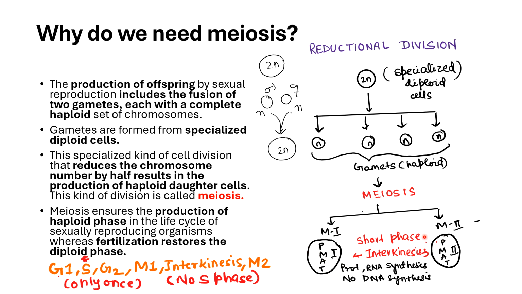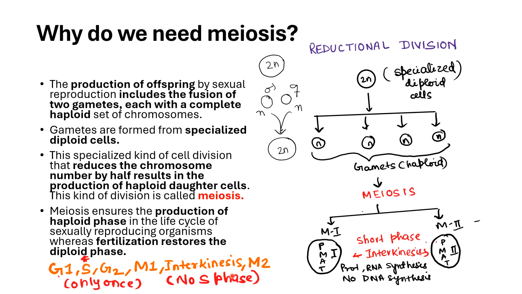In between meiosis part 1 and part 2 there is a short gap phase, which we call interkinesis. In this phase there is just protein and RNA synthesis. It is to be noted that no DNA synthesis takes place.